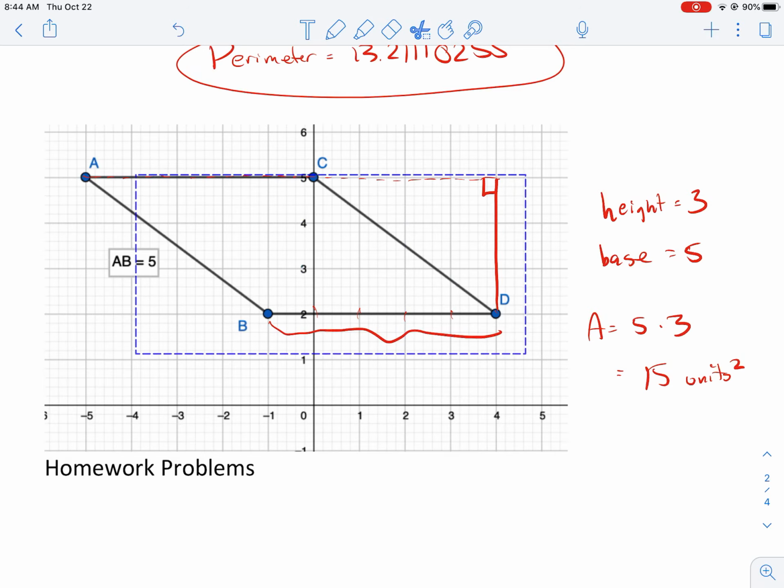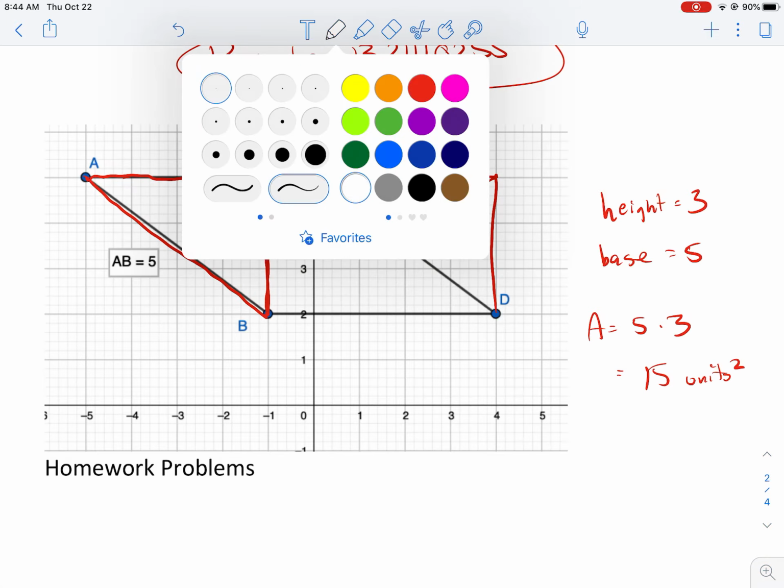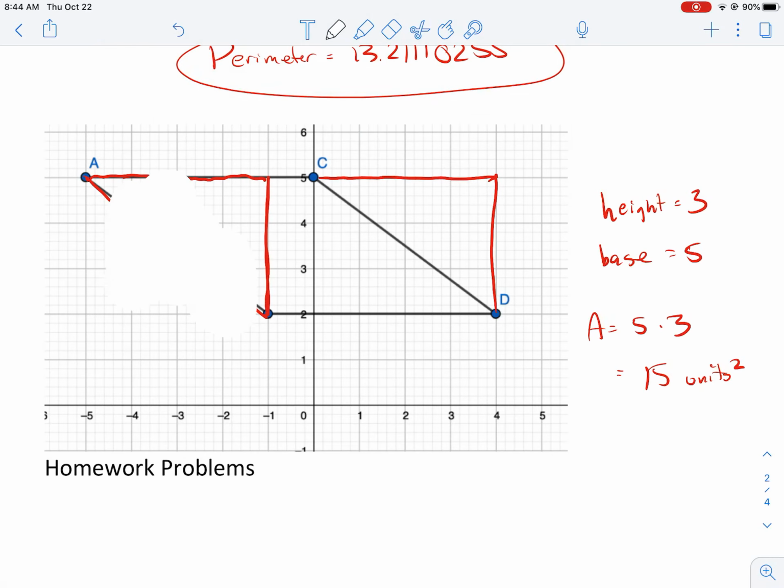let me erase this guy right here. All right, so if I were to take this triangle right here, chop it off, and put it on the other side, so it's over here now. I'm going to erase this guy here. Ooh, that worked out pretty good, huh?